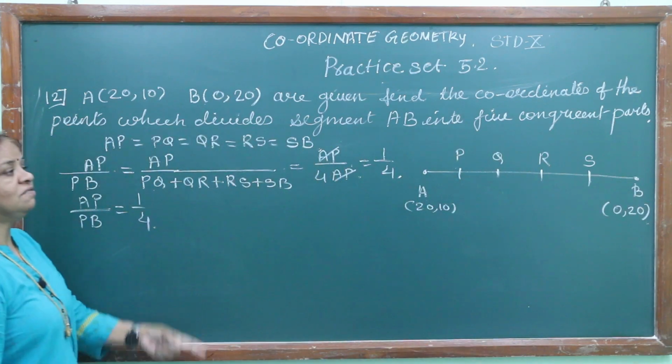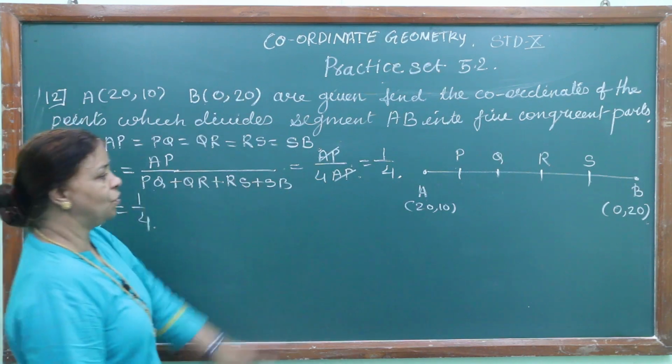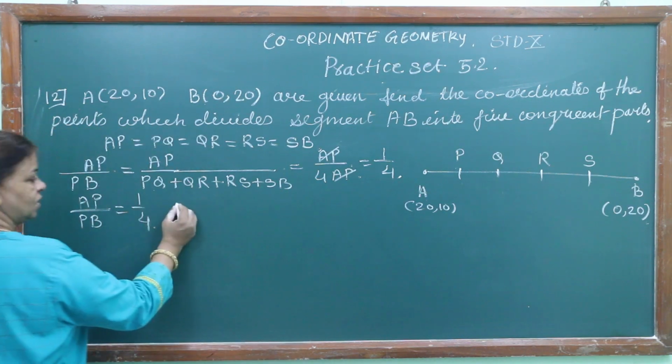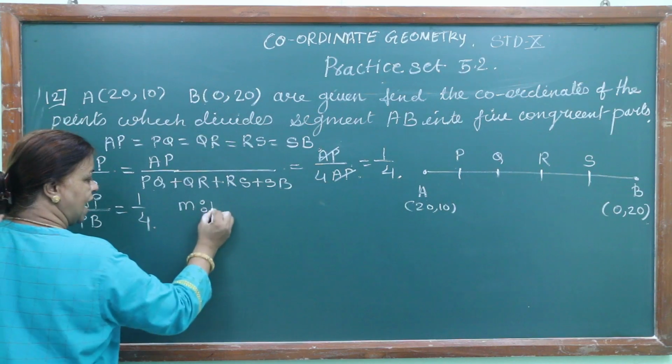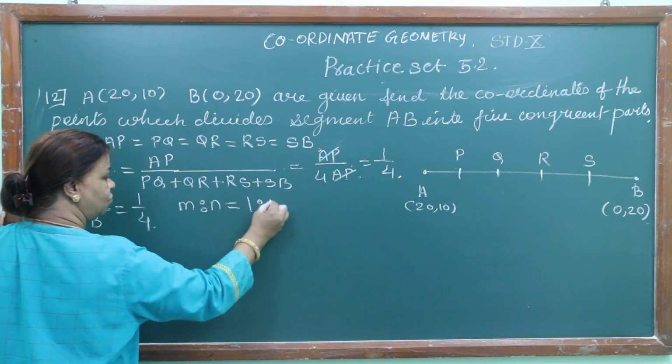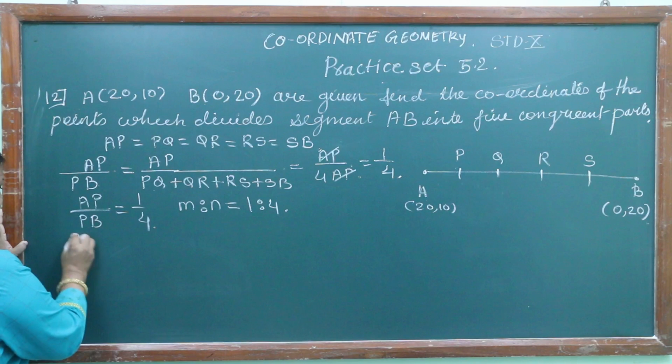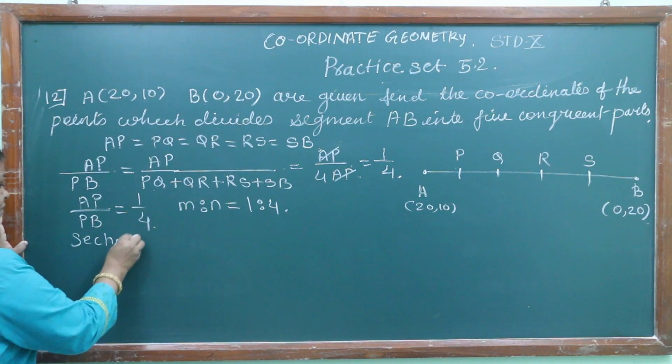If point P is dividing the line into 1:4 ratio, then I can use m is to n equal to 1:4, and I can definitely use section formula here now.